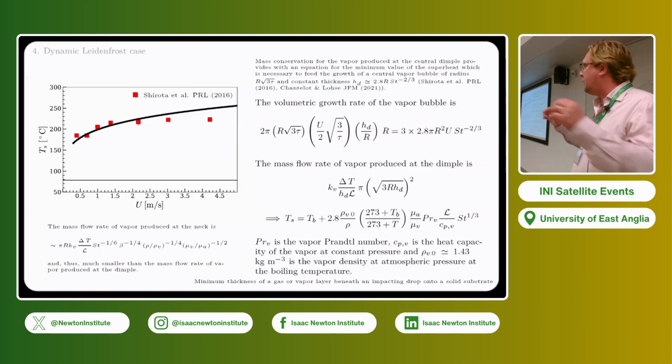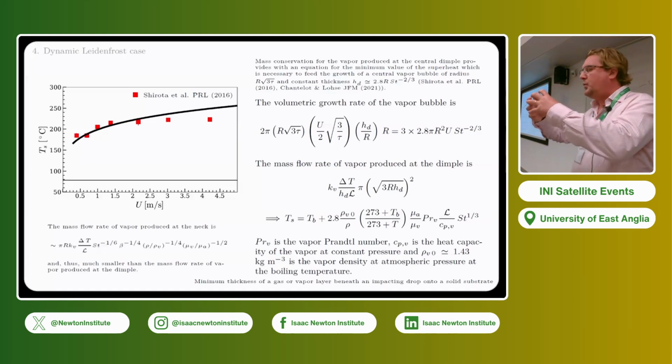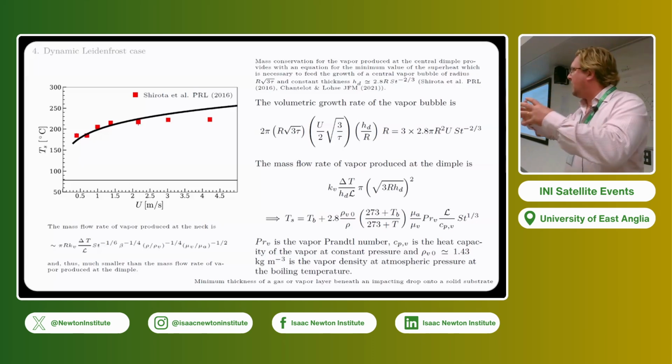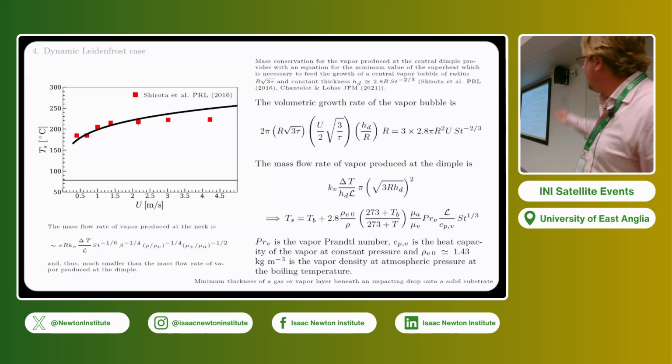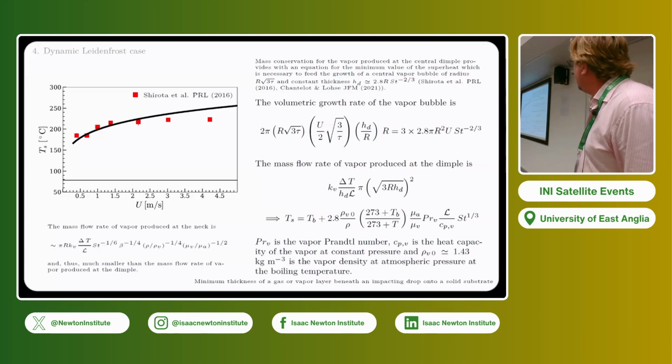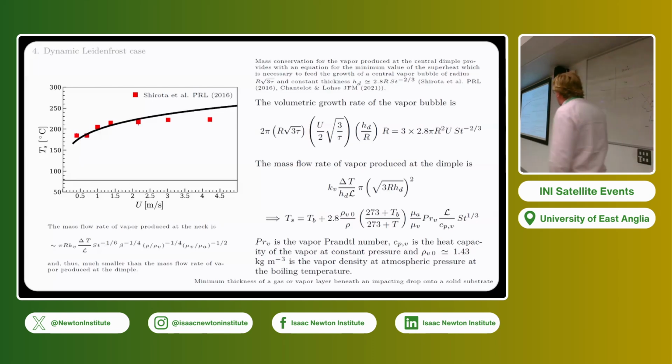So we have contact, but you have the vapor, this bubble, evolving in time beneath the drop. And we compare with this model, and so it's great, it's correct. Only for this point, this is the greater impact velocity.